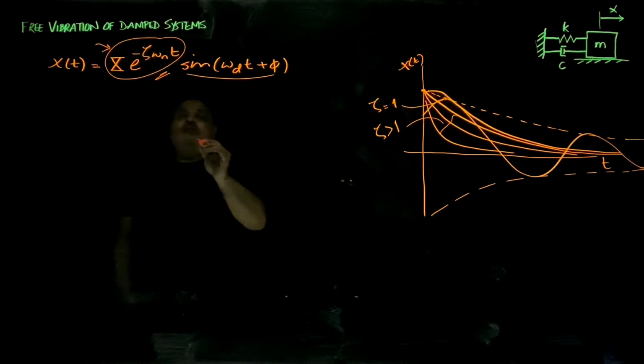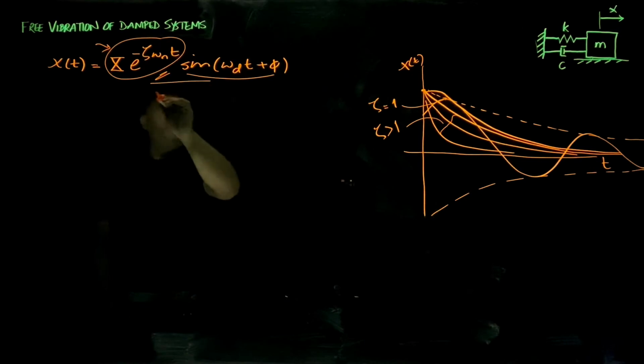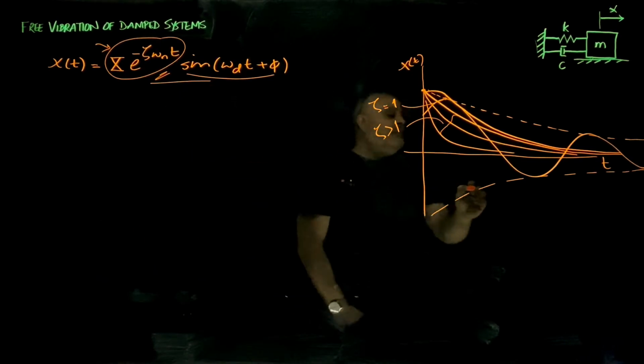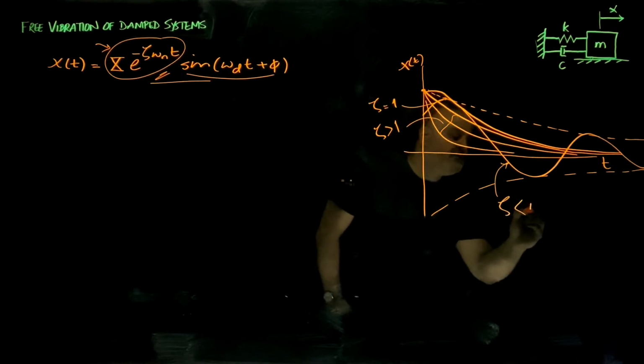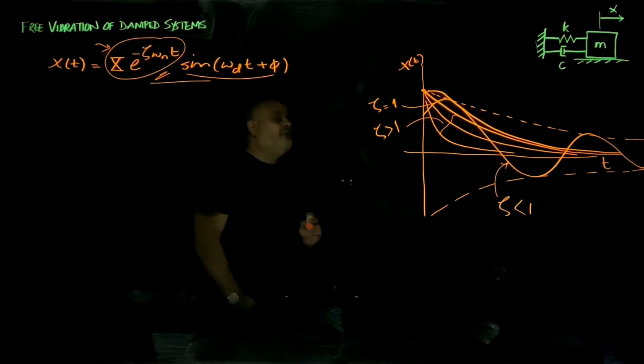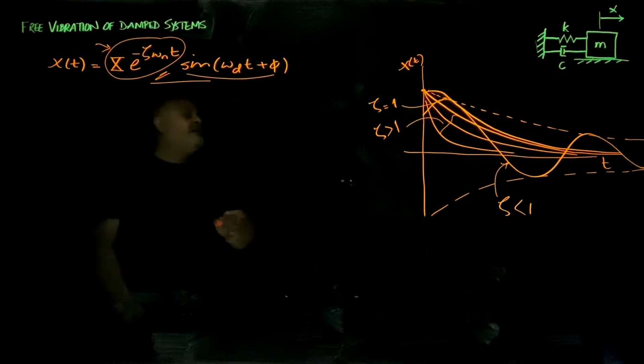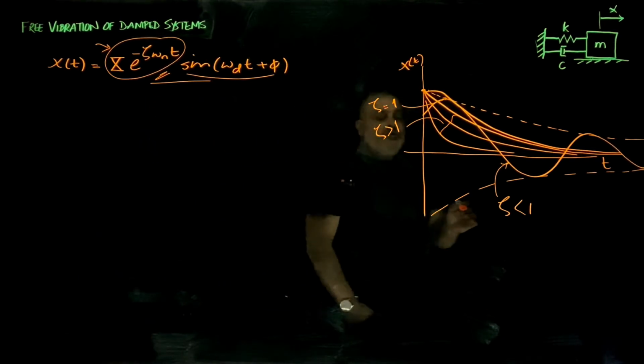So the response is a sinusoidal response, but its amplitude decays with time, and this is for zeta less than 1. We call this the underdamped system.